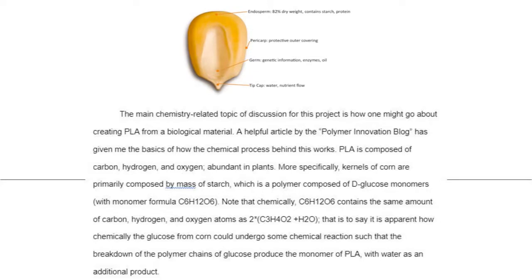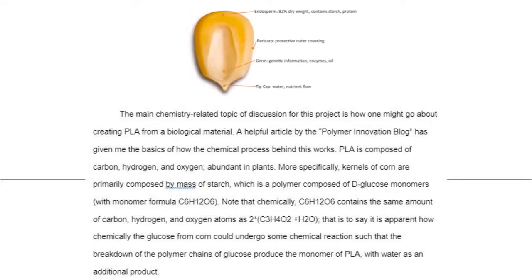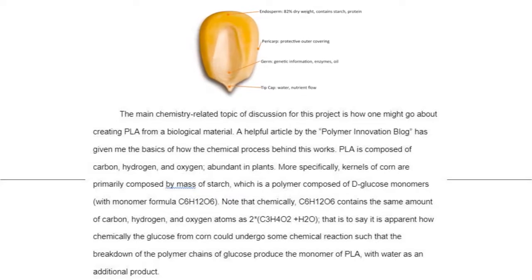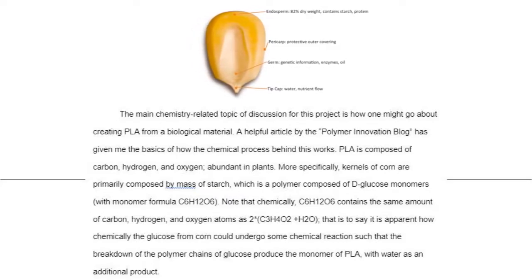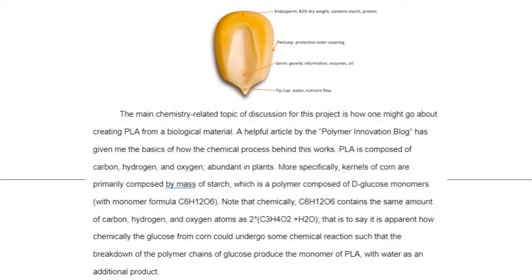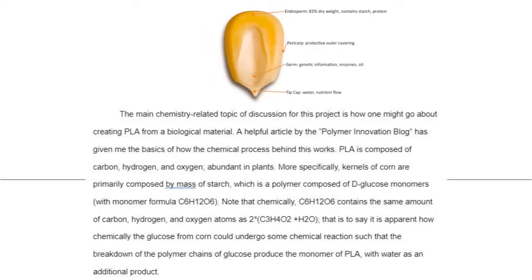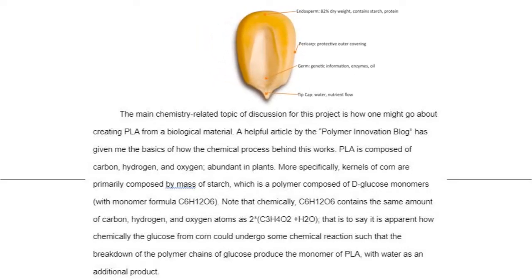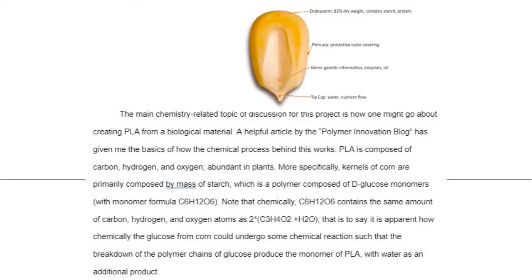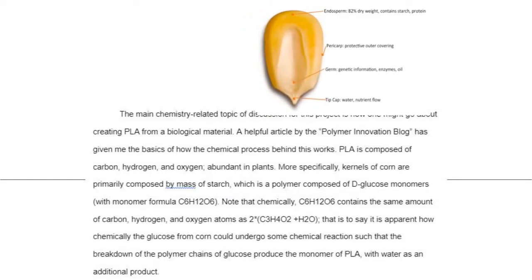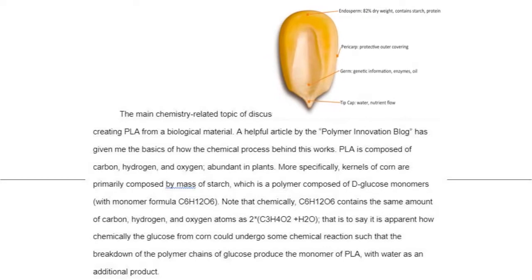Note that chemically, C6H12O6 contains the same amount of carbon, hydrogen, and oxygen atoms as 2 times C3H4O2 plus H2O. That is to say, it is apparent how chemically the glucose from corn could undergo some kind of chemical reaction such that the breakdown of the polymer chains of glucose produces the monomer of PLA, with water as an additional byproduct.